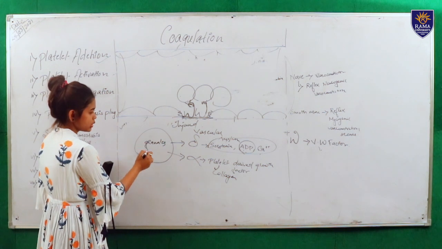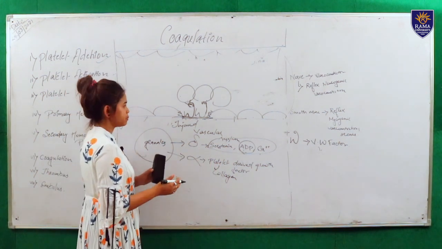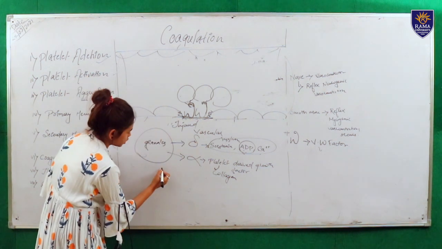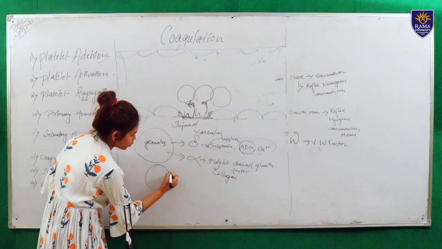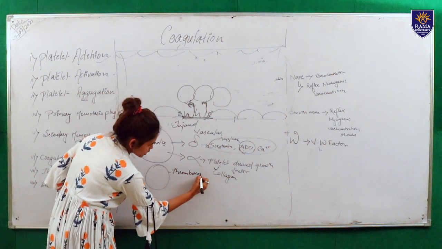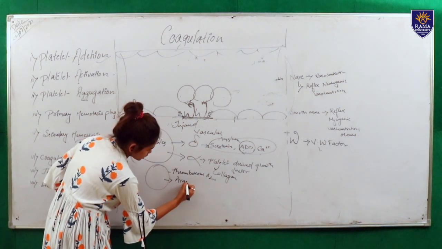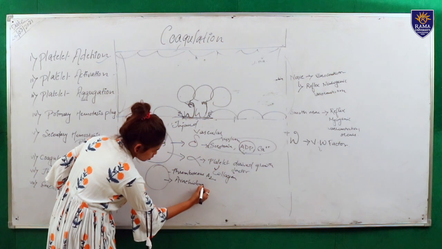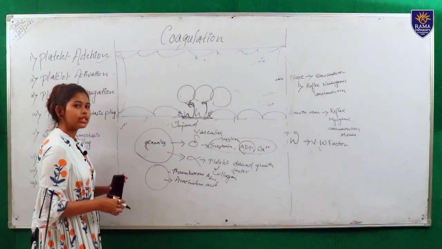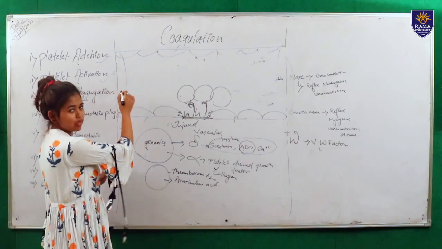And this whole process will activate platelets. Also one more thing, platelets will always release thromboxane A2 and arachidonic acid, and this helps the platelet to get activated. So this process is called platelet activation.